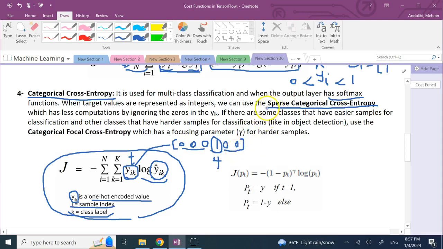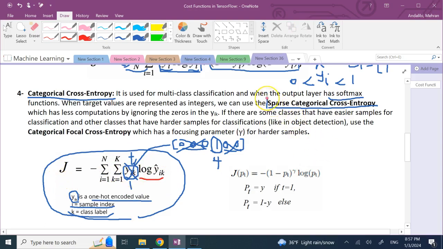So in this sparse method, it is neglecting all of this, and it is only using that single 1 value. Plug it here. It knows it's a 1, so you don't even need to use it. And so it only basically uses this second portion of log. Okay, and it can even get rid of one of the summations, so the formula becomes much simpler.